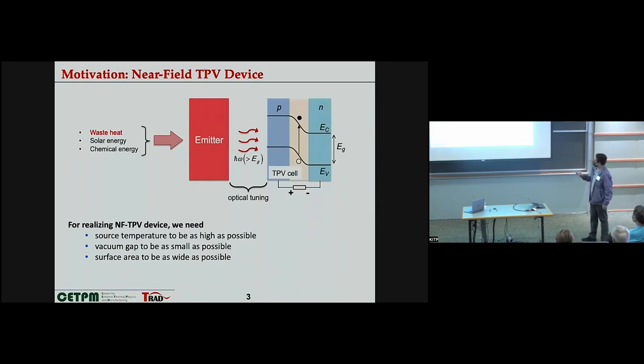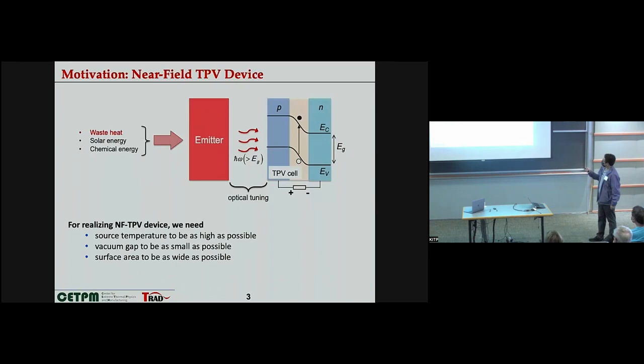To realize near field TPV devices, we need at least three requirements. The emitter temperature should be as high as possible. That is obvious due to the second law of thermodynamics.